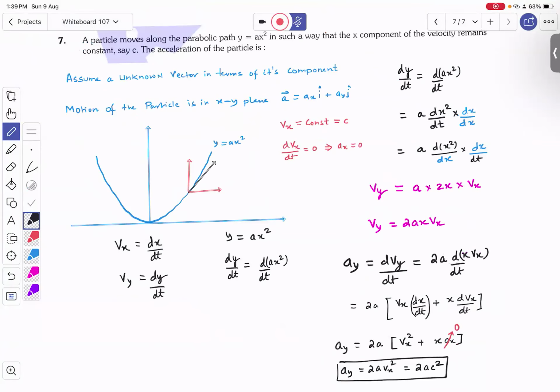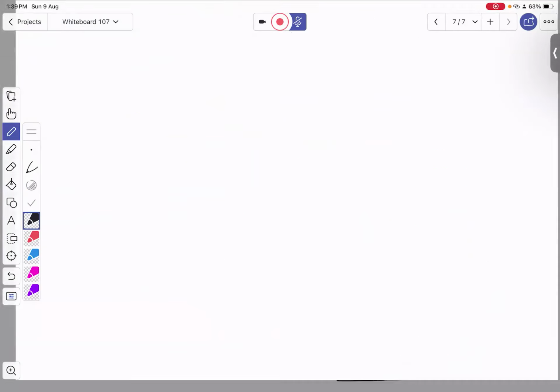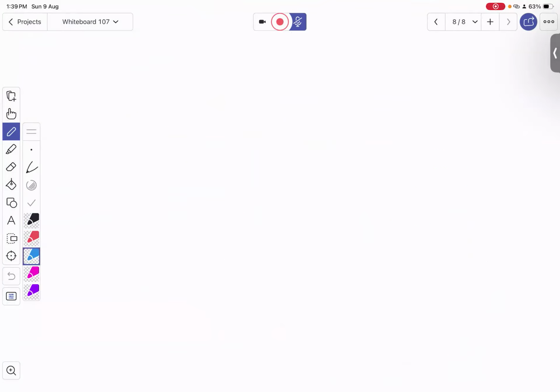Clear, no? Yes, sir. Okay, then I'll take a new page and I'll give another question. Try that question. A particle is moving along a parabolic path with constant speed. I'll write it down.